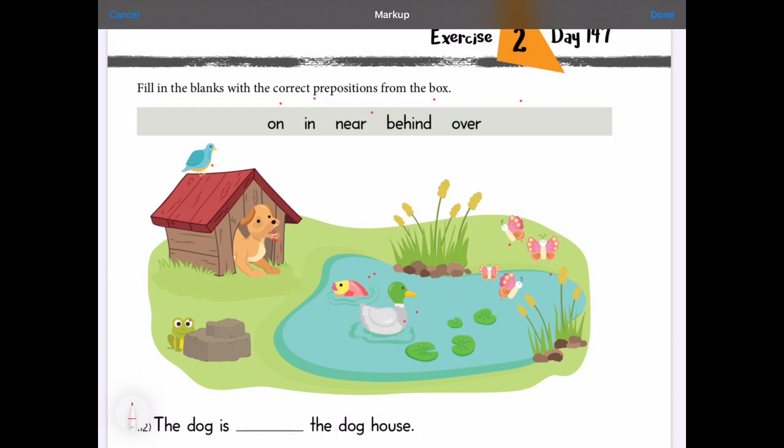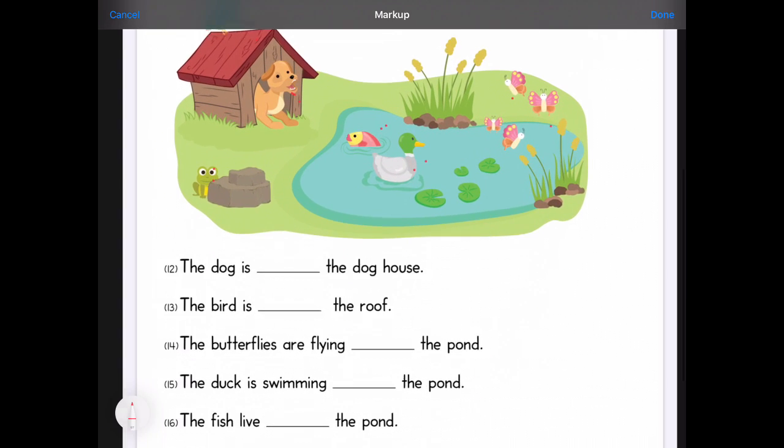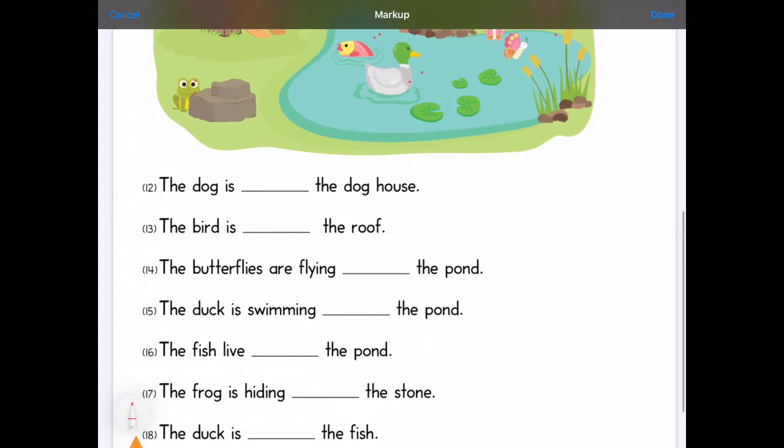The fish is inside. The dog is in the house. The bird is on top. The frog is behind. So you have to fill in the preposition word that best fits the sentence. Like the dog is in the doghouse. And the fish live in the pond. So just fill in the word that makes the most sense based on your picture.